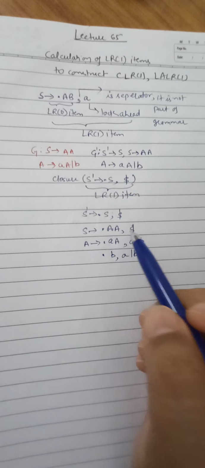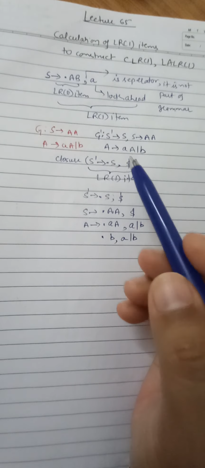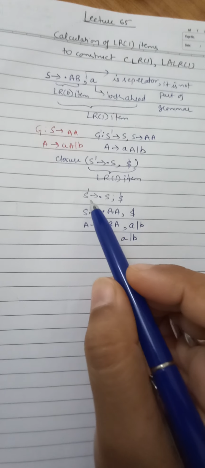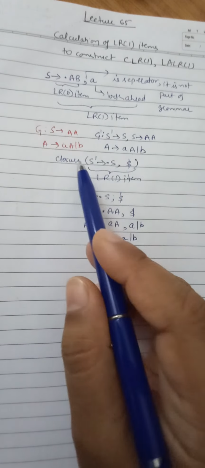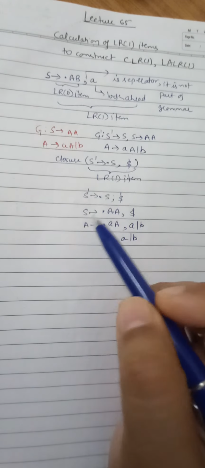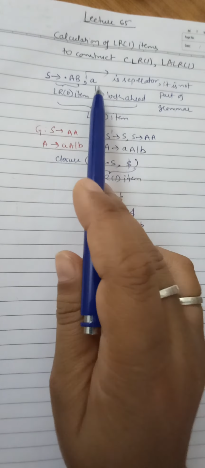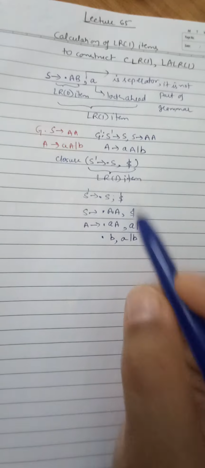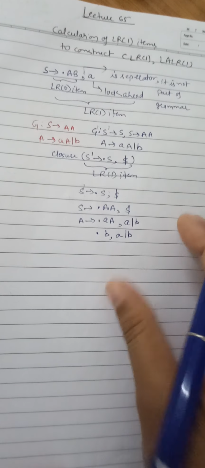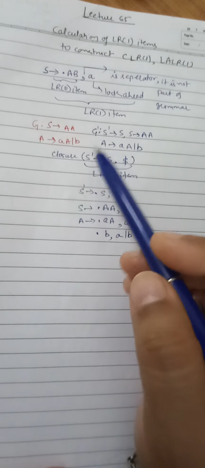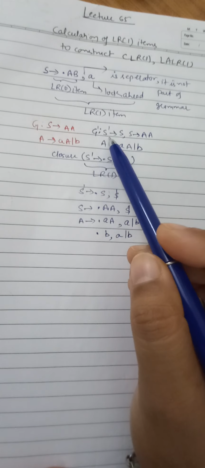Now what is this dollar? Initially we did only this in LR0 items, but this is an LR1 item. What is the difference? Here the augmented grammar is the same, the closure is the same. In .S, the comma is the separator and $ is the lookahead symbol, because S is the start symbol.